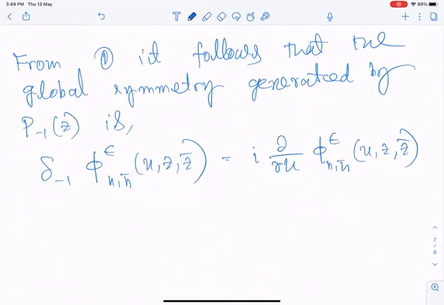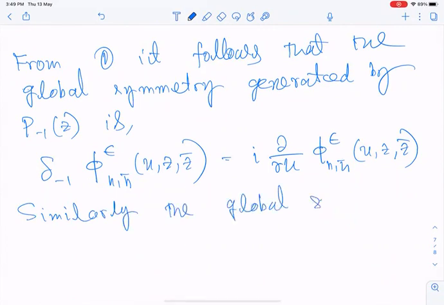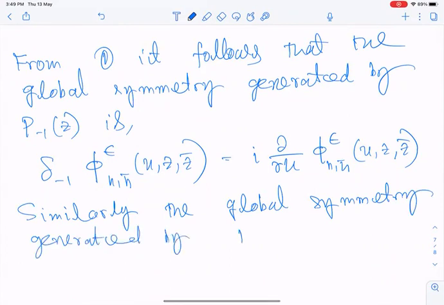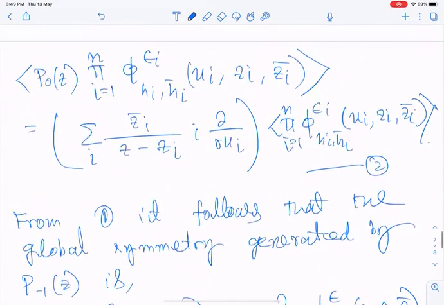And now similarly, the global symmetry generated by P_0(z), I have to look at the residue.